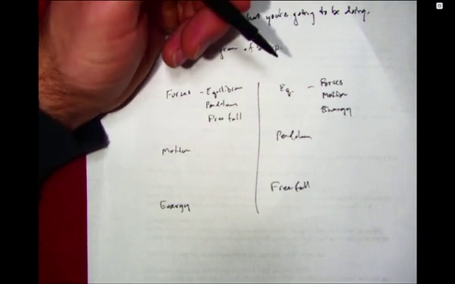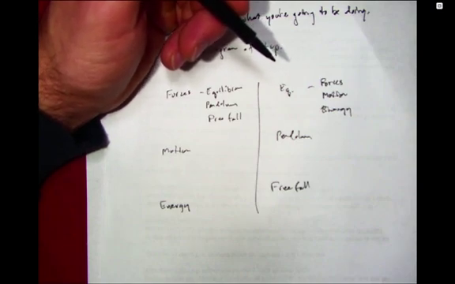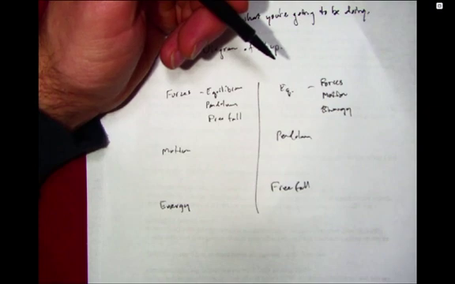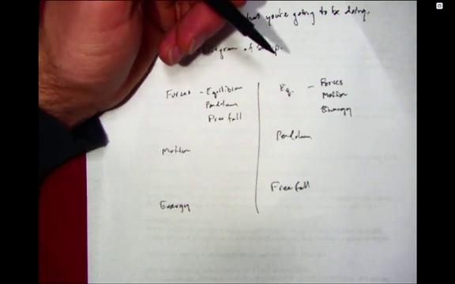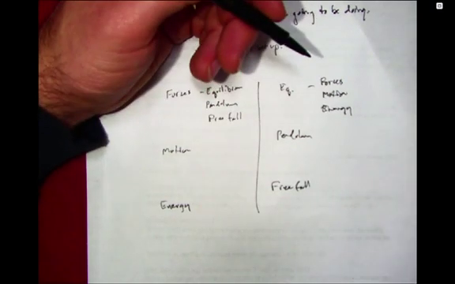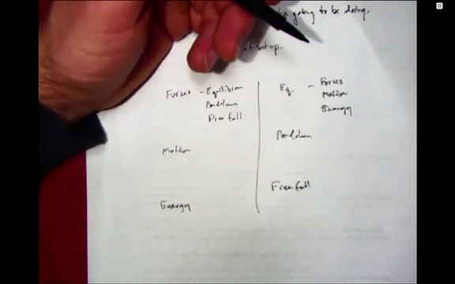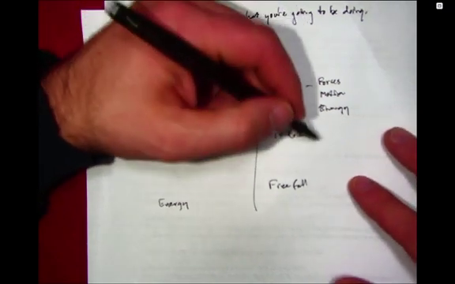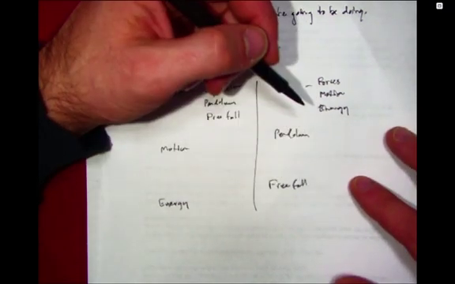The y direction forces of the ropes are balancing out the force of gravity, so there is no acceleration in that direction. The x components of those ropes are opposite one another, so there is no acceleration in the x direction, therefore there is no motion. At least no acceleration, but we know it's not moving because we can see that. And then you would do the same thing for pendulum and for free fall.